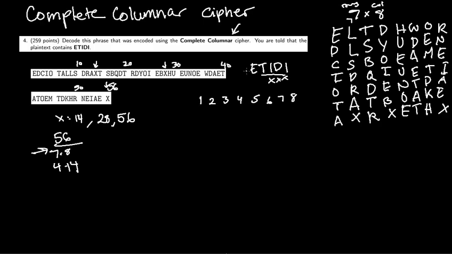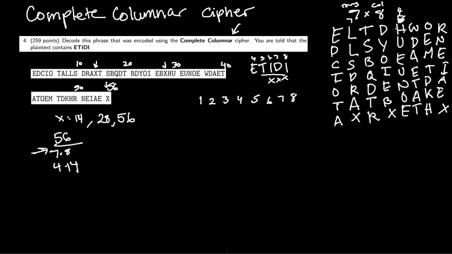And then E, T, I, so then where's the E? It's gonna be 4, 5, 6, 7, 8.